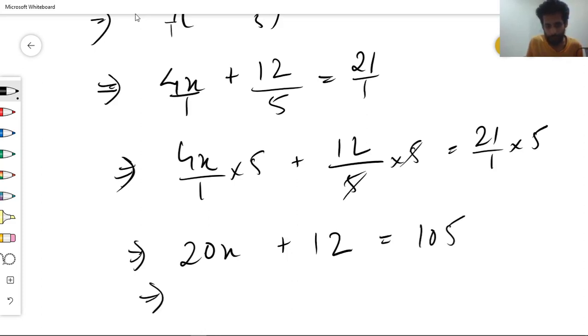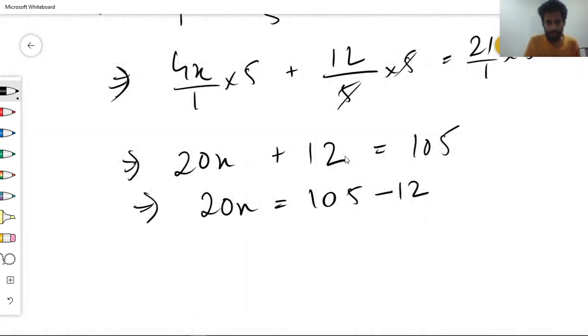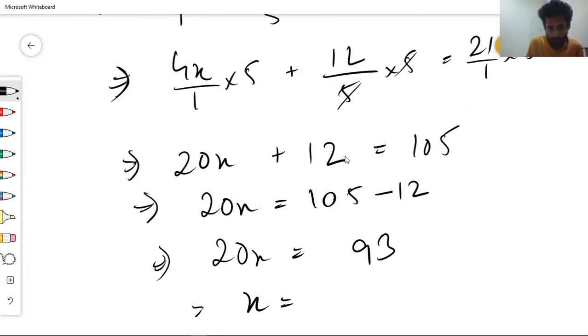Then 20x is equal to 105 minus 12. This is plus here, it will go to the other side, it will be minus 12. Then 20x is equal to 93, so the x value will be 93 by 20.